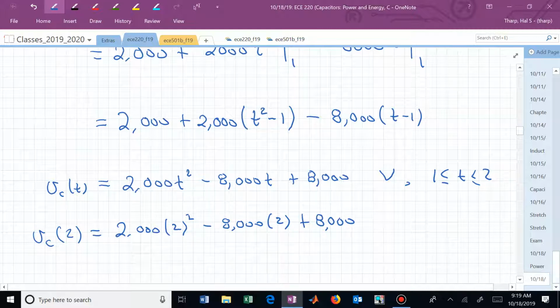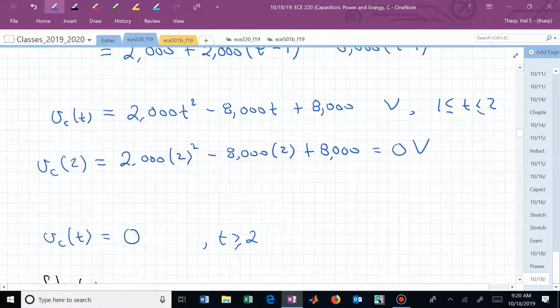We have 8,000 on either side of minus 16,000. That now conveniently cancels, and we're at 0 volts. For all time thereafter, since the current is nothing and integrating nothing gives us nothing, we know that our voltage across that capacitor is 0 for all values of time greater than 2.